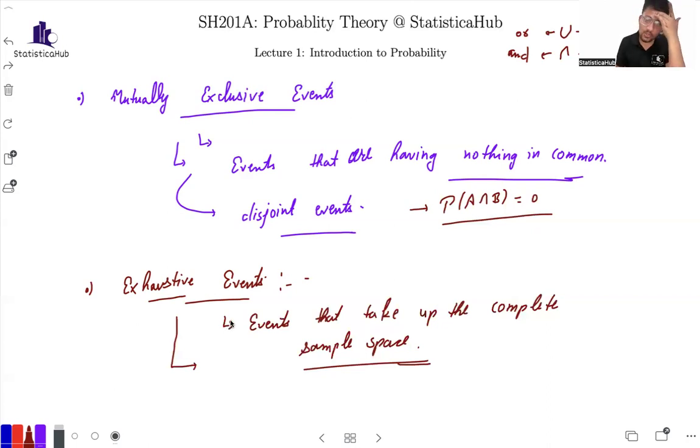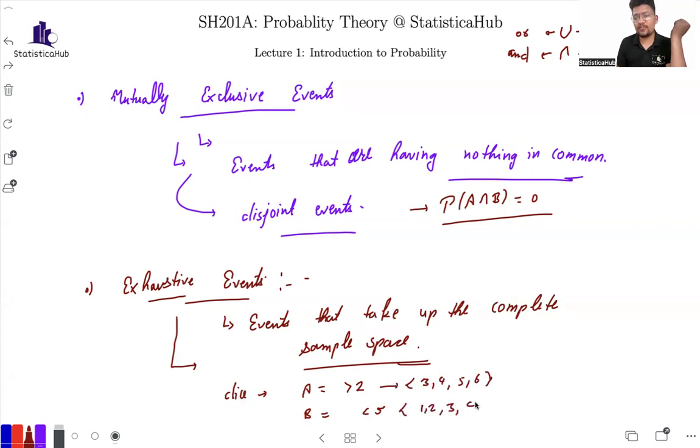On the other hand, in the dice example, event A says getting a number greater than 2, and event B says getting a number less than 5. In A you will find 3, 4, 5, 6. In B you will find 1, 2, 3, and 4. The sample space was 1, 2, 3, 4, 5, and 6.